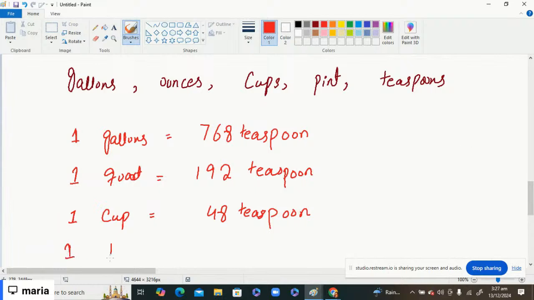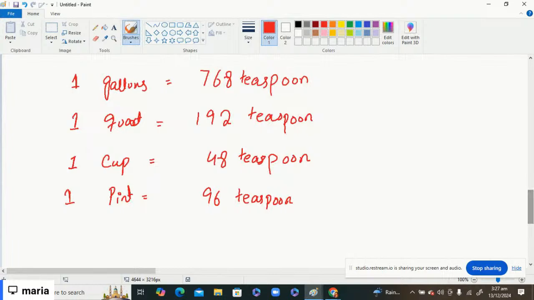1 pint is equal to 96 teaspoons. Okay. Then 1 ounce is equal to 6 teaspoons.